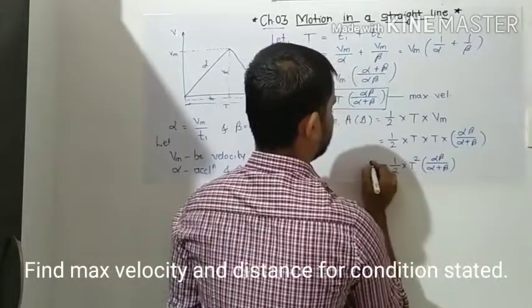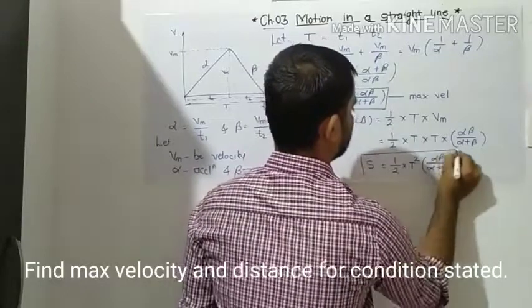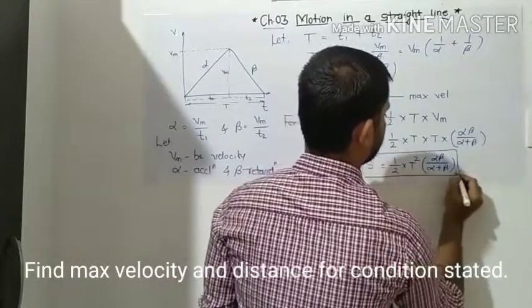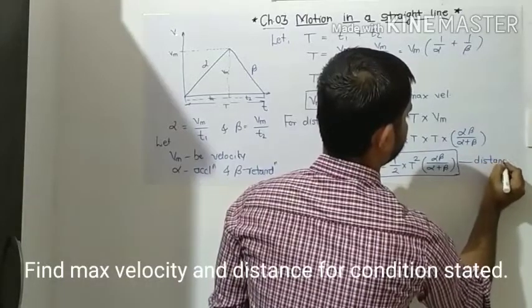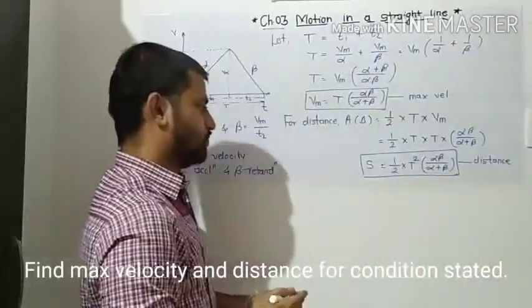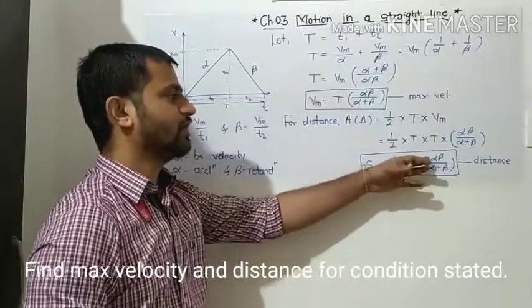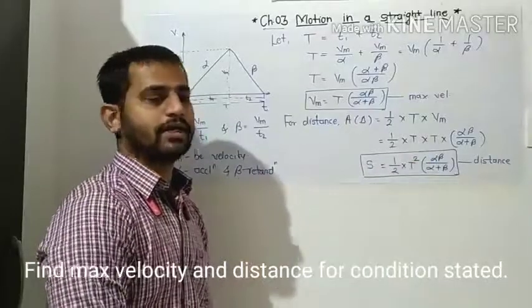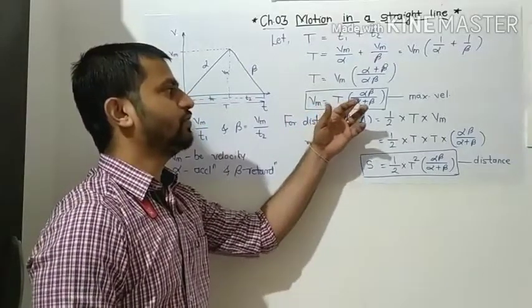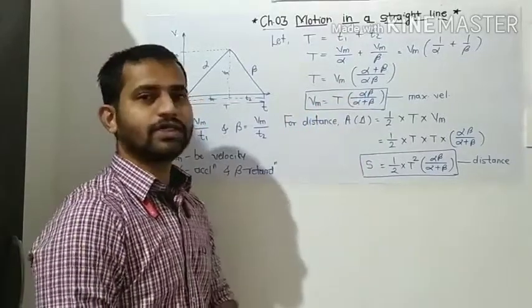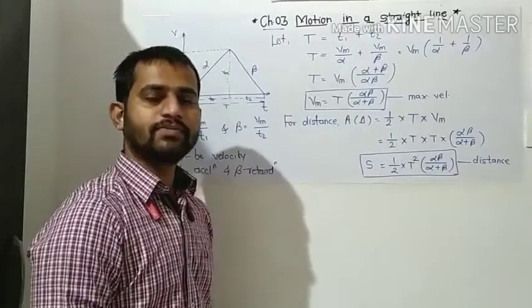This will give us the distance. So S is equal to 1/2 T square alpha beta upon alpha plus beta. This value will give us the distance, and Vm is equal to T into alpha beta upon alpha plus beta. This value will give us the maximum velocity.